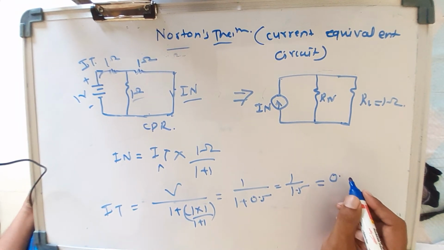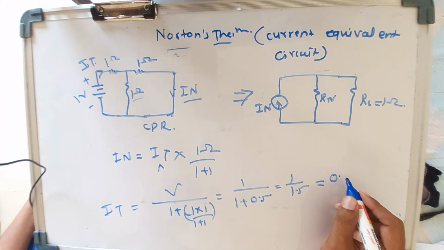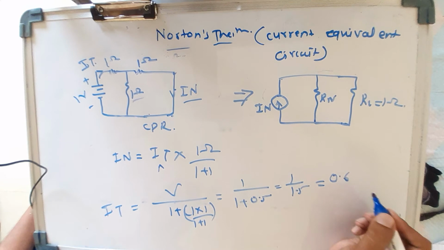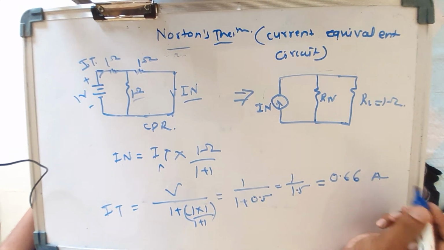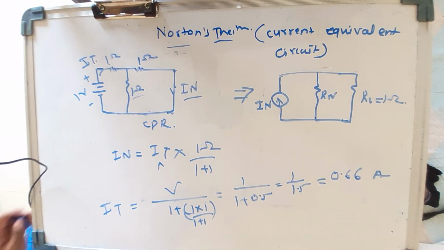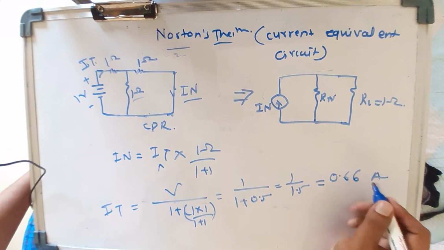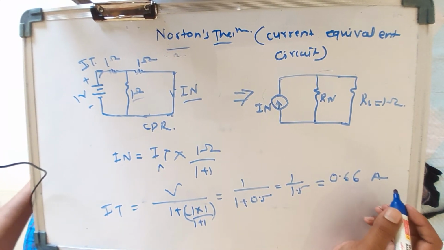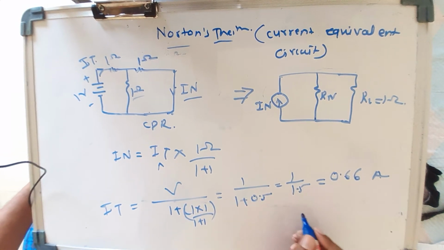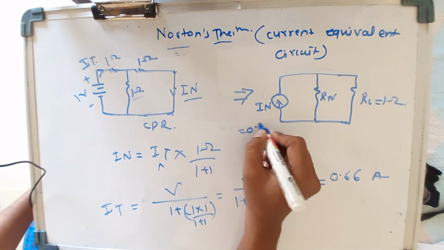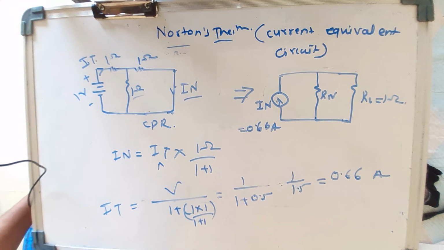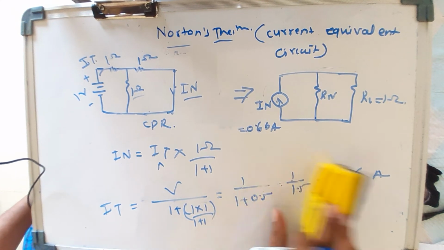1 divided by 1.5 is nearer to 0.66 something ampere. We will get 0.66 like this one, amperes. This is a rough one; you have to do the calculations.